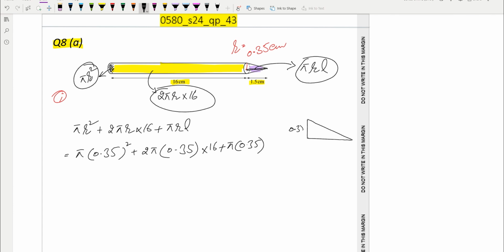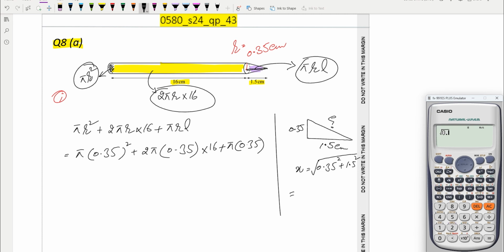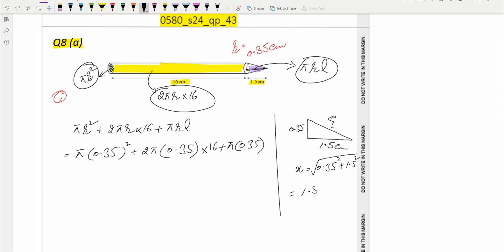This side is 0.35, and the height is 1.5 centimeters, and this side we need to find using Pythagoras theorem: a squared plus b squared is equal to c squared. So x will be the square root of 0.35 squared plus 1.5 squared, which will be equal to 1.54 centimeters. This will be our l value.